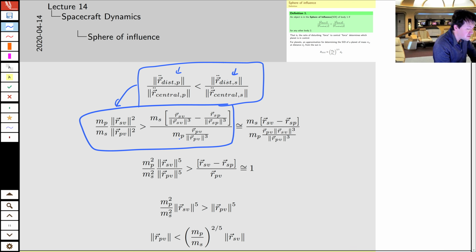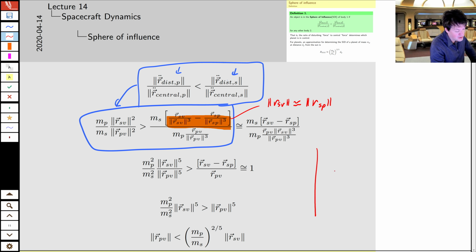Now we make an approximation here, that RSV is approximately equal to RSP. So the distance from the sun to the vehicle is approximately equal, magnitude-wise, to the distance from the sun to the planet.